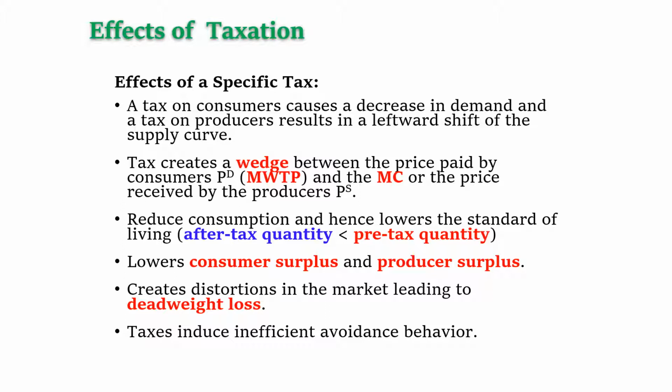So the tax lowers the consumer surplus and the producer surplus. In effect, it reduces the total surplus, the benefit to the society as a whole.